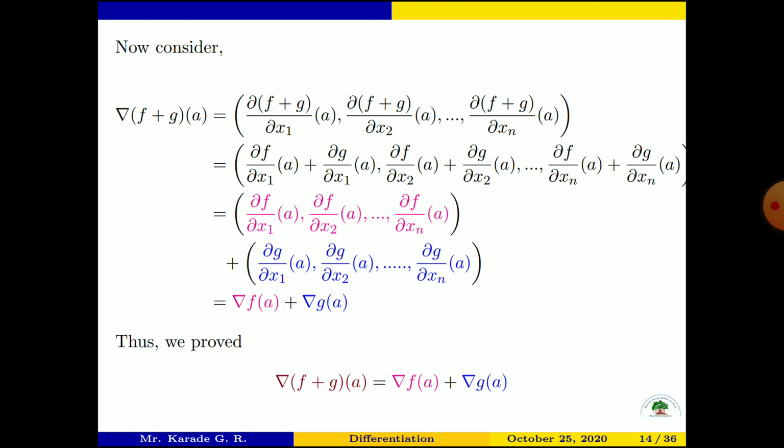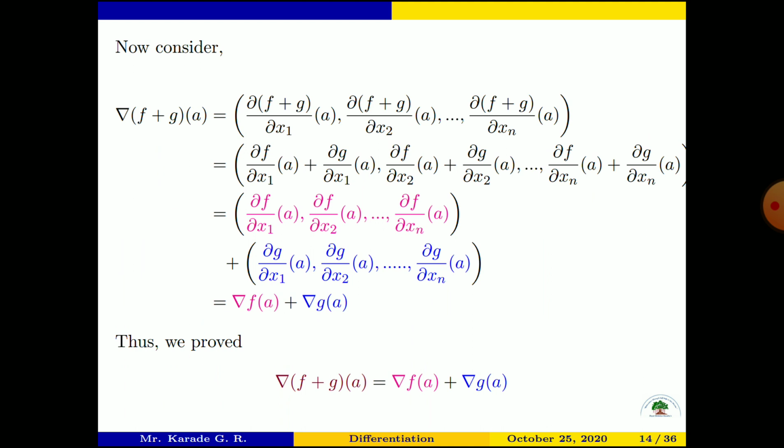the left hand side, the gradient of f plus g at point A. By the definition of the gradient of a scalar valued function, it is a vector quantity with n components, and the ith component of this vector is the partial derivative of that function with respect to the ith variable. So our first component is the partial derivative of f plus g with respect to x1.